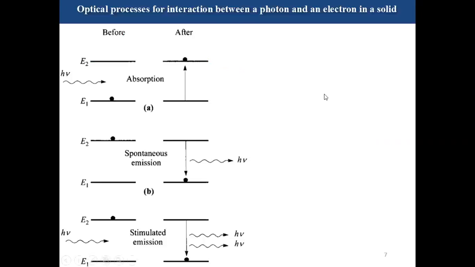Now, the optical process for transitions between a photon and an electron in a solid makes LEDs. So if you have a photon coming in, and it gets absorbed, then the electron goes to the conduction band.